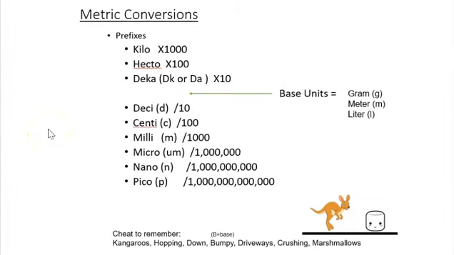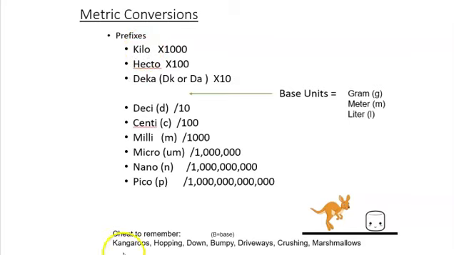Okay, we have a little trick or a little saying that we can use to help us remember the prefixes for the metric system. And that trick is kangaroos hopping down bumpy driveways crushing marshmallows. And the first letter of each of these words in the saying correlates to the first letter of our prefixes. And it'll get you down to about milli, this little saying will.